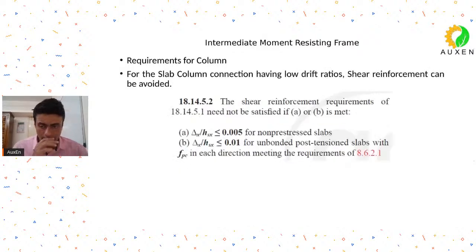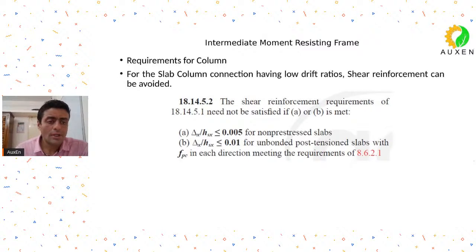Otherwise, if you are able to manage the drifts, then it's okay. You don't have to provide the shear reinforcements. For general slabs, the drift ratio is 0.005, or 0.5%. If you are able to control your drifts within this, then the shear reinforcement requirement need not be met.